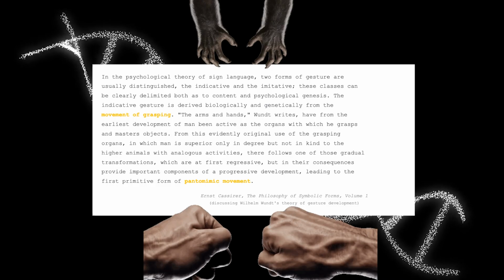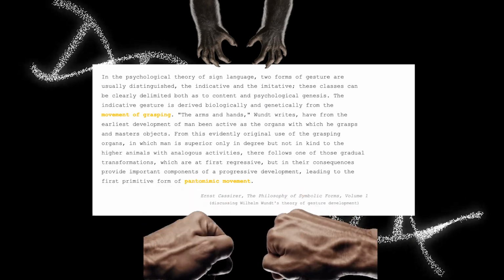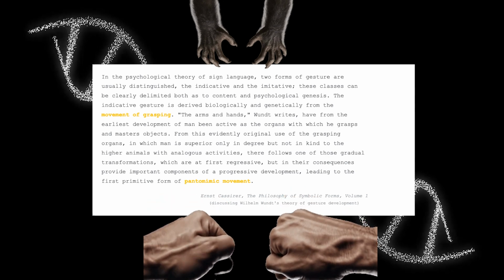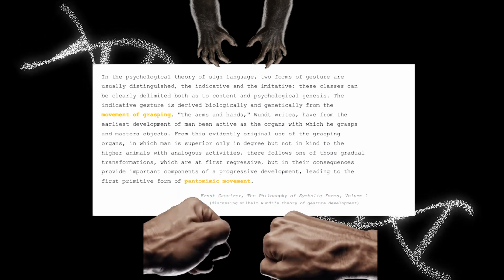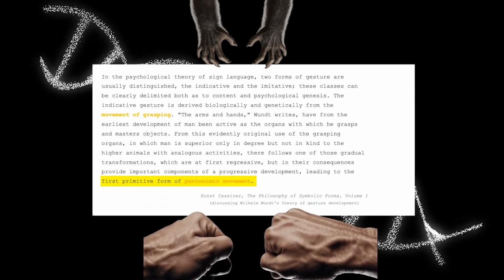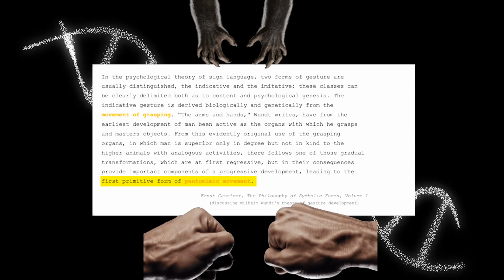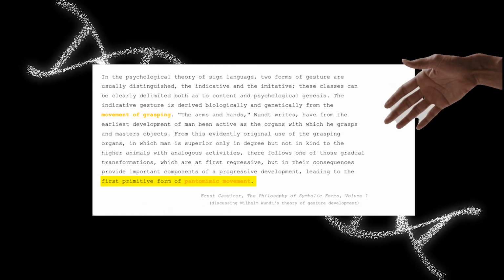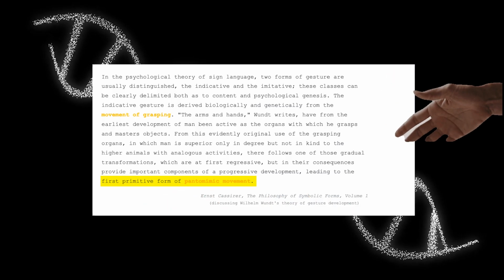Adding that, in humans, what results is a gradual transformation, which at first appears regressive, but which leads to the first primitive form of pantomimic movement, which he describes as a grasping movement attenuated to an indicative gesture.